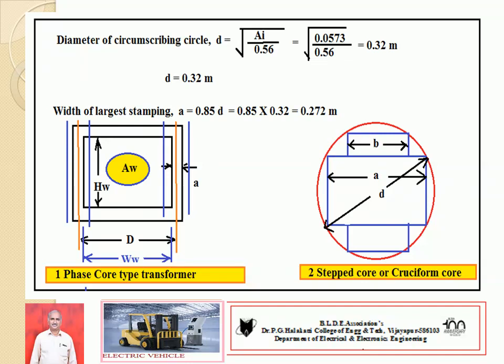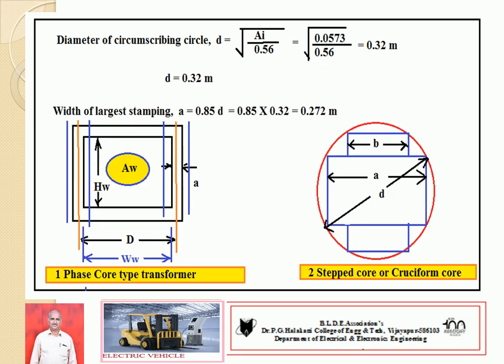So the largest stamping width is A, and the smallest stamping width is B. In the same figure, capital D is the distance between adjacent core centers. Aw is the area of window, Hw is the height of window, Ww is the width of window, and A is the width of core. Getting the idea?